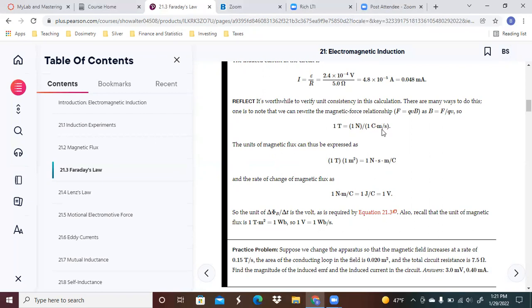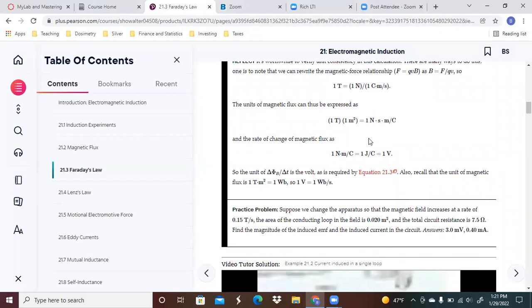Since this was just B by itself, and now this is B times A, you multiply both sides by the area. This is what you come up with. And if you recognize that a Newton meter divided by Coulomb, in other words, you rearrange these and put them all together, a Newton meter ends up being a joule.